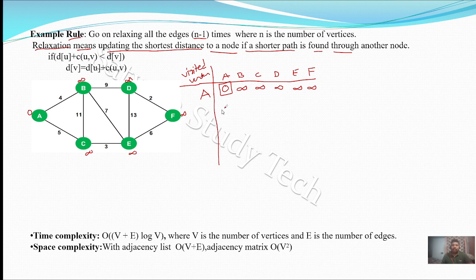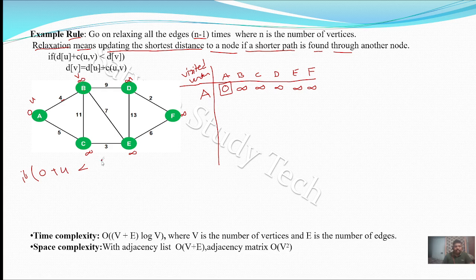Then we have to find the distance from A to all other vertices. The next step is A to B. A is 0, B is infinity, so A to B is 4. For example, call it U and V. If D of U, which is 0, plus cost of UV, that is 4, is less than D of V, what is D of V?